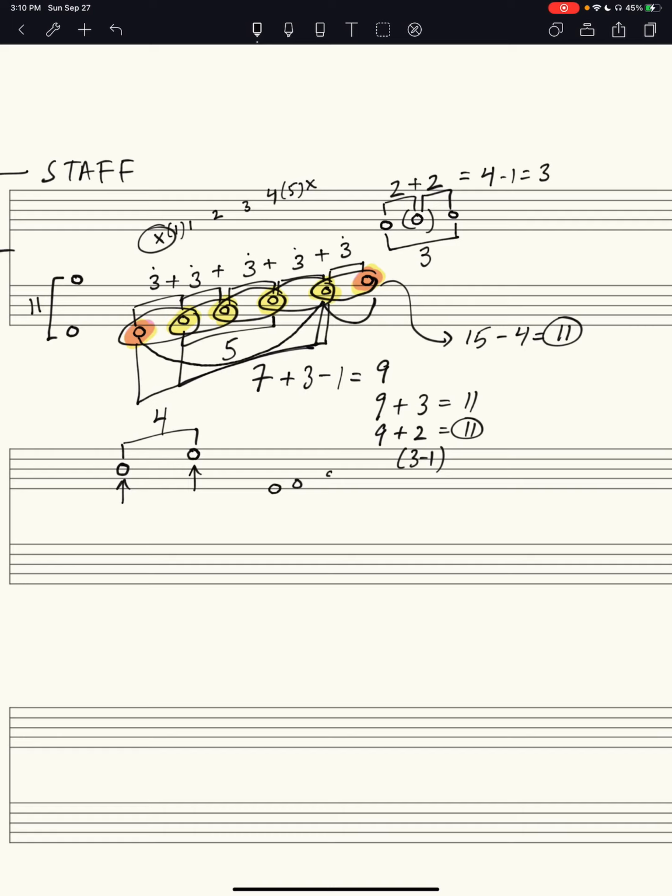From a space to an adjacent line, either above, like that, or below, these are all steps, correct? Now, you're probably used to that. What else are you used to seeing visually? How about from a line to an adjacent line, either above or below, so either going down or going up? Those are obviously skips because we spent a lot of time figuring that out. Okay, you're pretty comfortable with that.